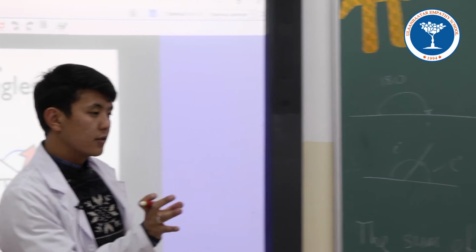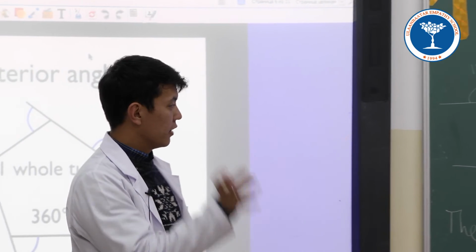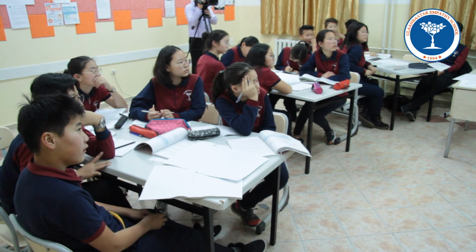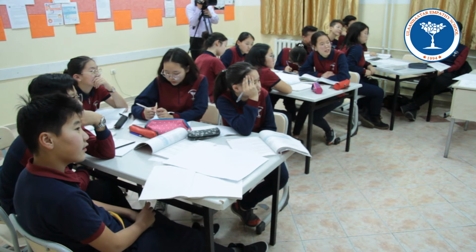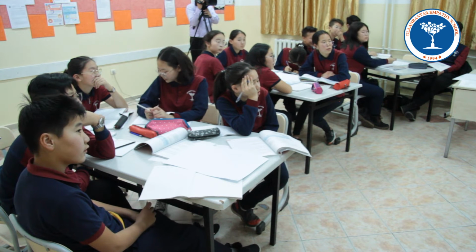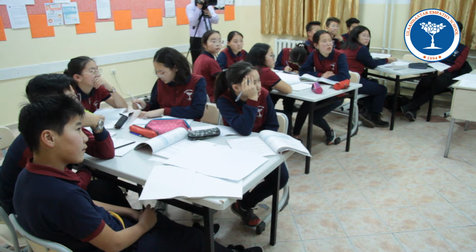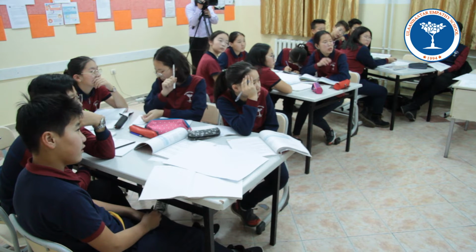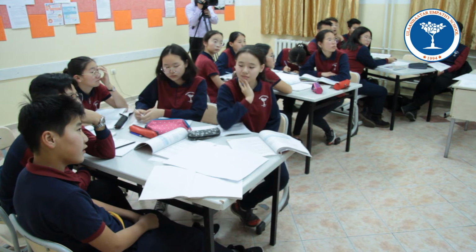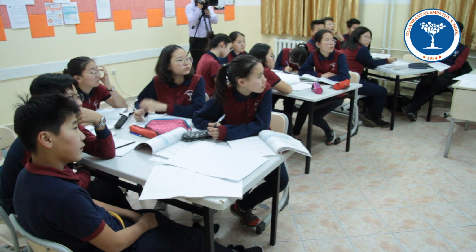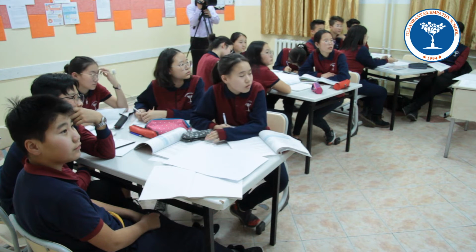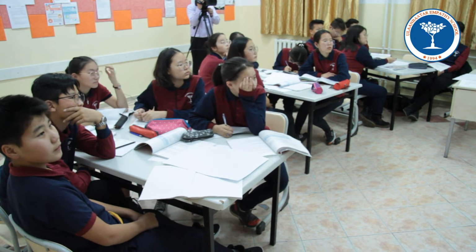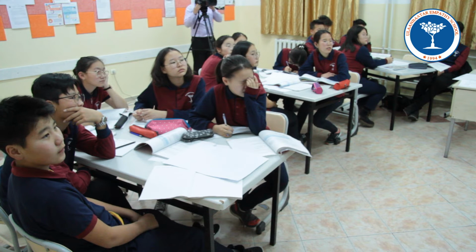So, in total, exterior angle and interior angle sum up to what? 180, because the exterior angle is calculated by the continuation of the side. Continuation means a straight line.